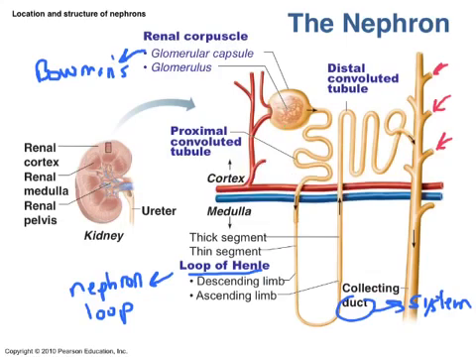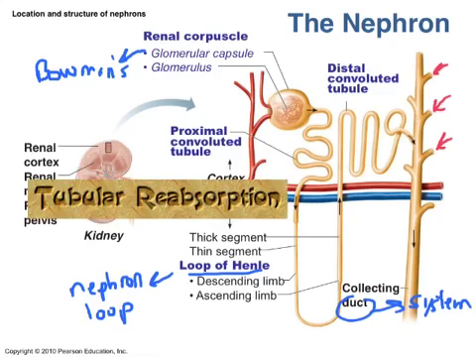The second step in making urine is tubular reabsorption. In tubular reabsorption, the kidneys reclaim almost everything from the plasma. Basically, tubular reabsorption allows your body to hold on to things that it doesn't want to get rid of.